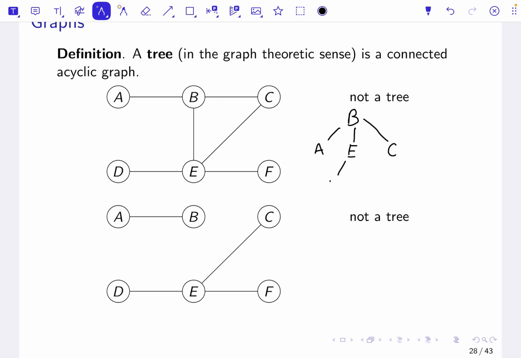E has children D and F. And this is fine, I think, but it's not because there's an edge between A and C. This breaks our parent-child metaphor. It makes it so there isn't a coherent notion of things like a path from the root to a leaf anymore. We can't reason about these like we did with trees before.